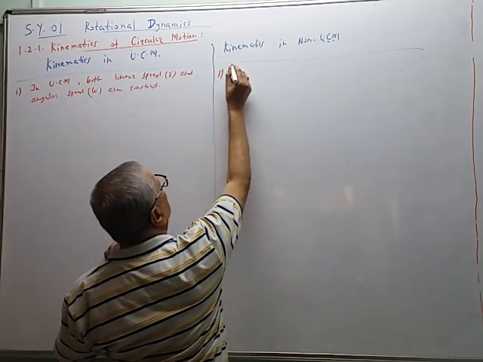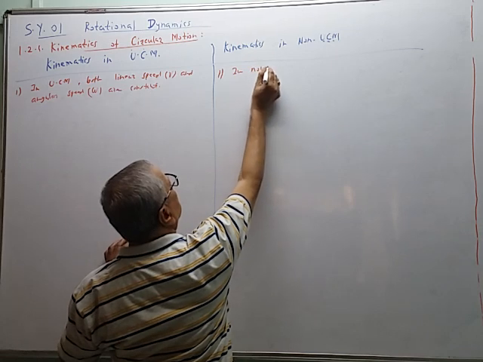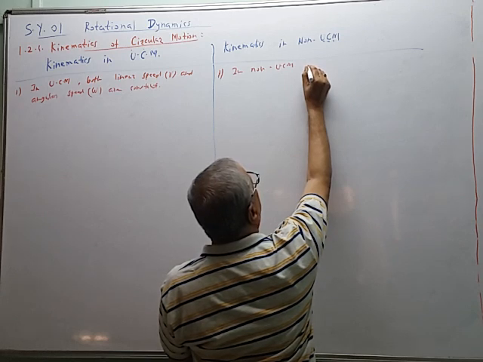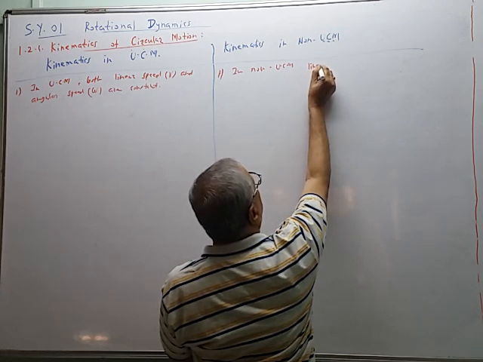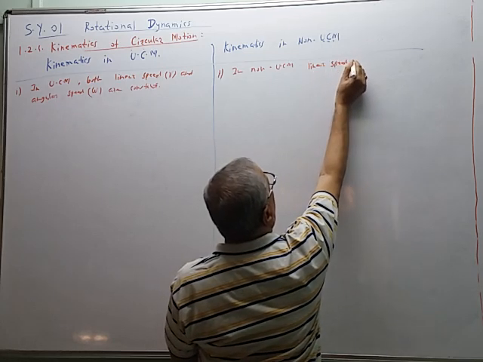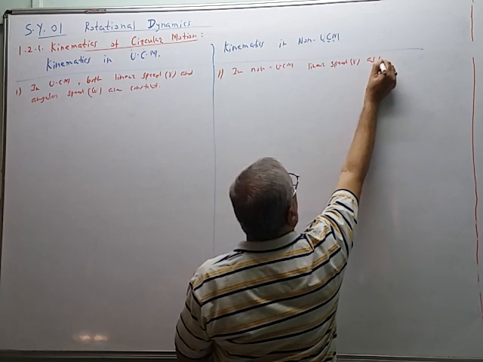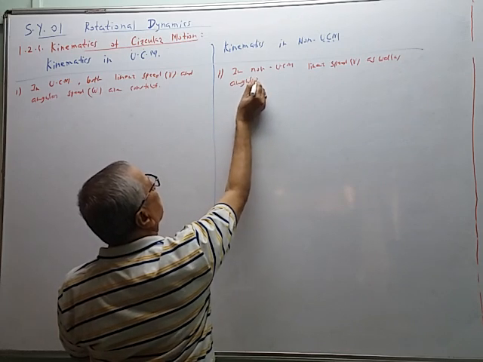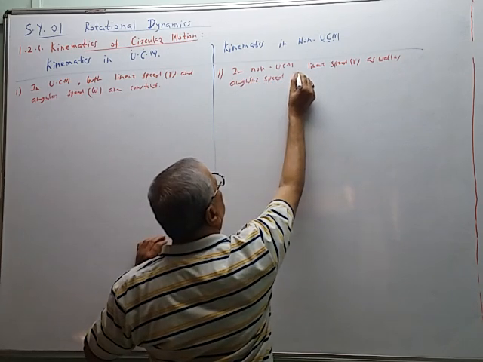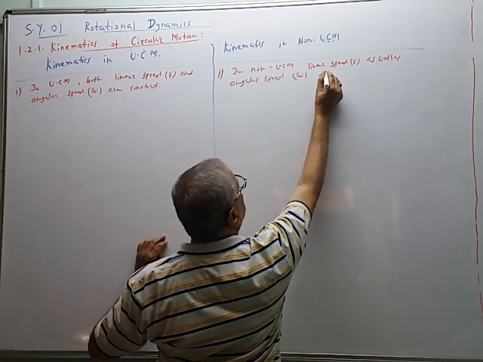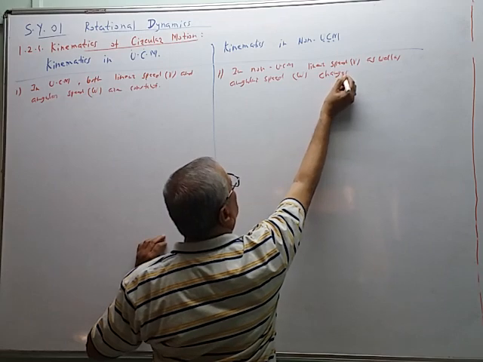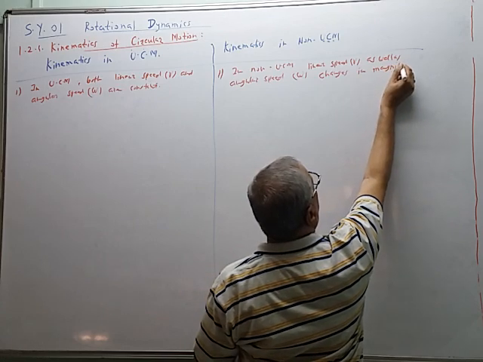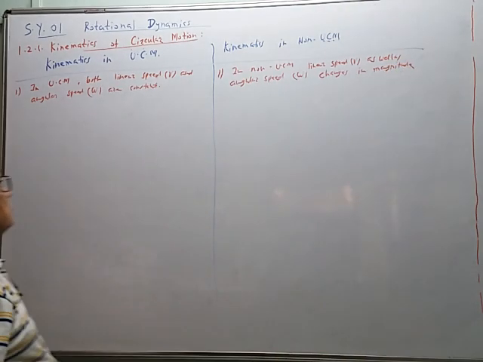On this side, in non-UCM, linear speed v as well as angular speed omega changes in magnitude.